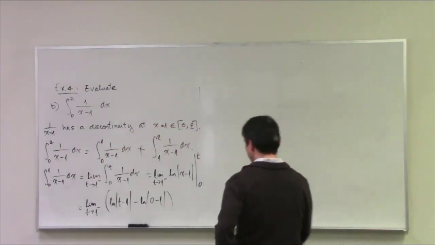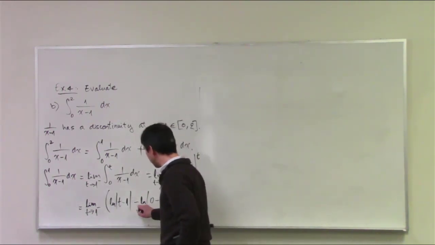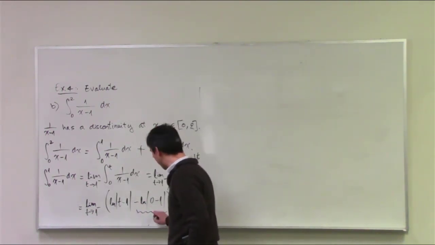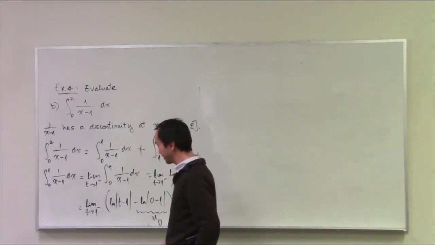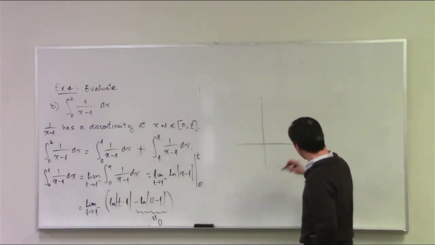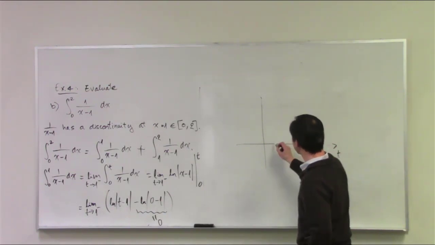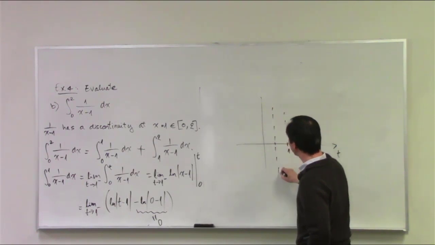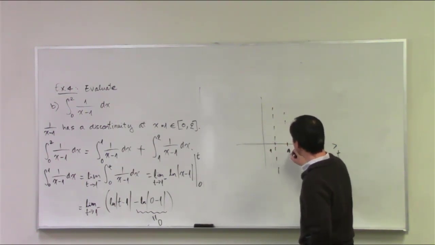This term here, needless to say, comes down to 0. What about that term then? The logarithm of t minus 1: think about the t axis, 1 is here, then 2 is here, then it goes like this.